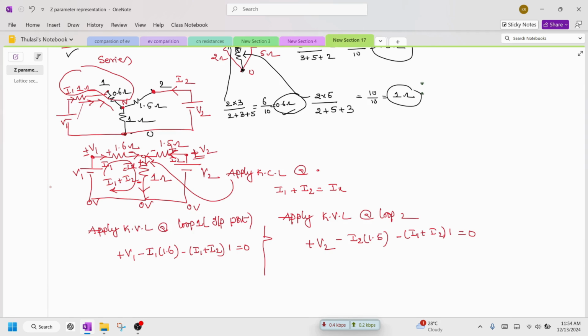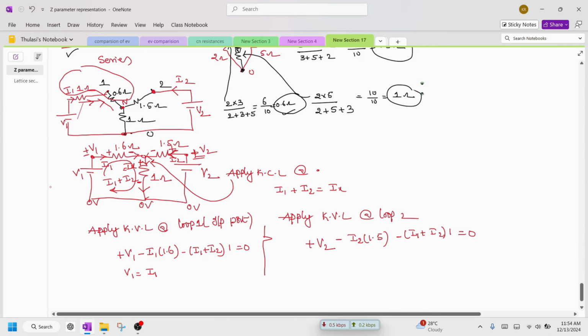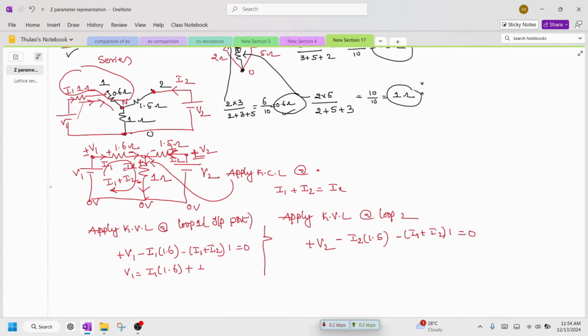Now let's express this in the standard format. V1 is equal to I1 into 1.6 plus I1 plus I2. And V2 is equal to I2 into 1.5 plus I1 plus I2. Let's bring this into standard format.